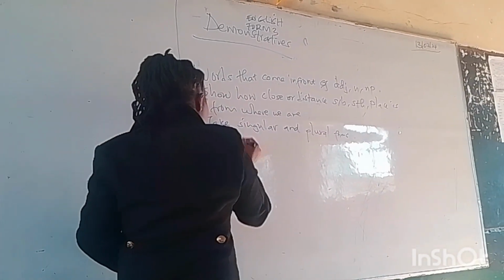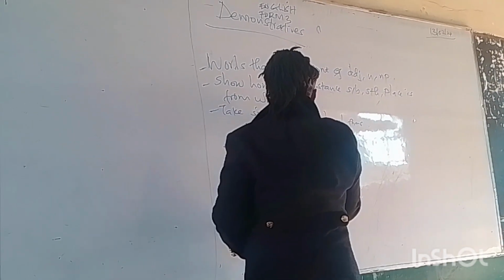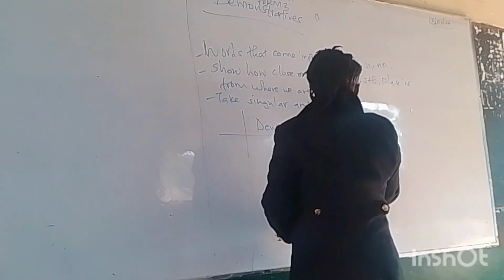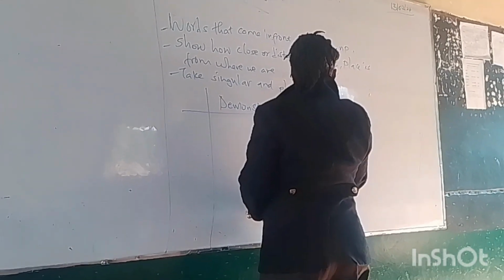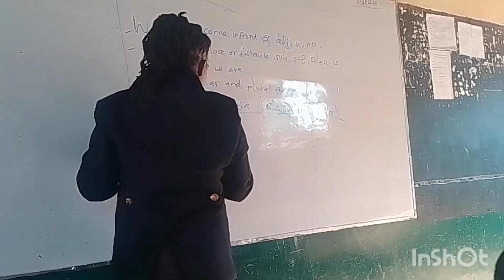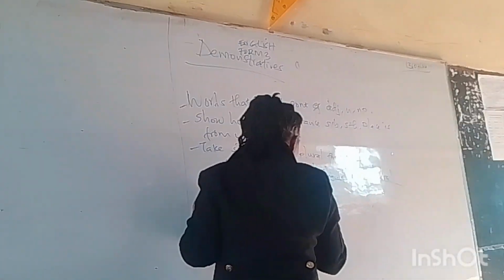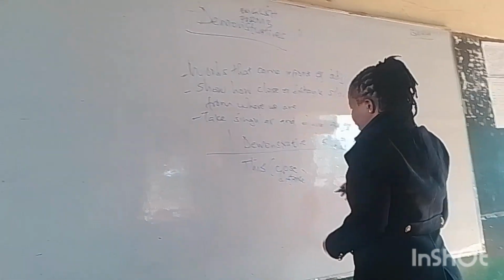Now we form a kind of table of demonstratives. We start with singular, and then plural. We have this to show close, isn't it? Very close to ourselves or the speaker.